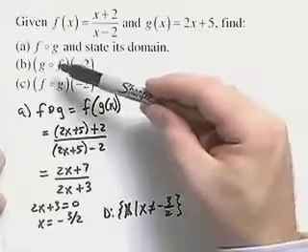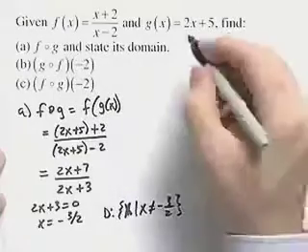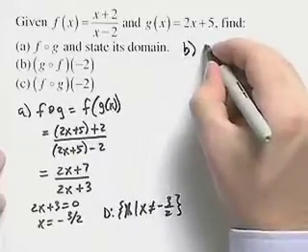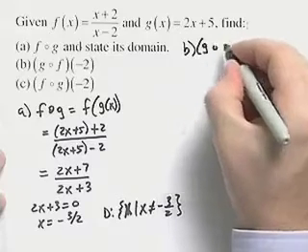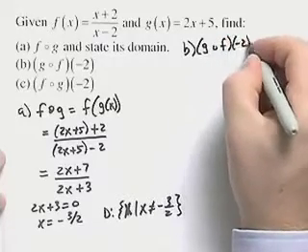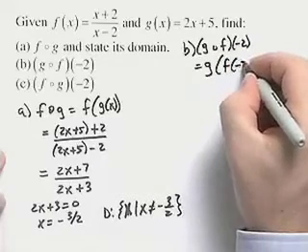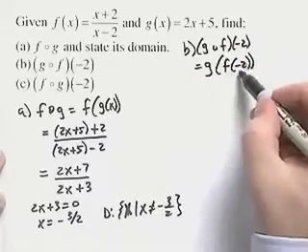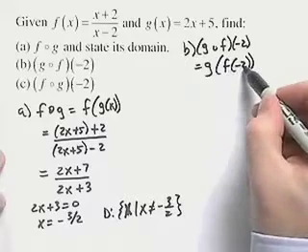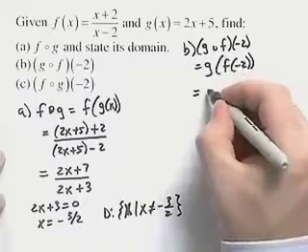For part B, we want to evaluate g of f of negative 2. This is equivalent to finding g of (f of negative 2). So we really need to first find the value of the function f when x is negative 2.